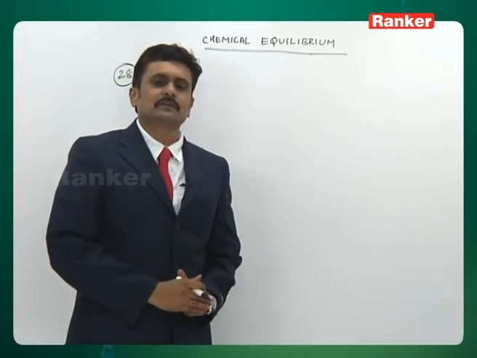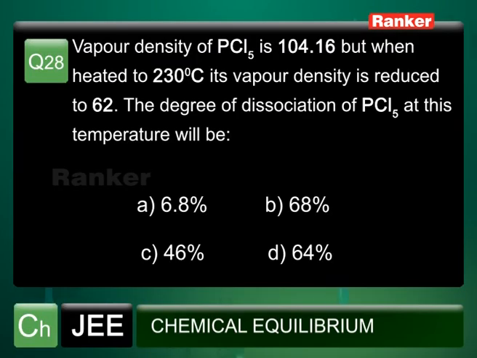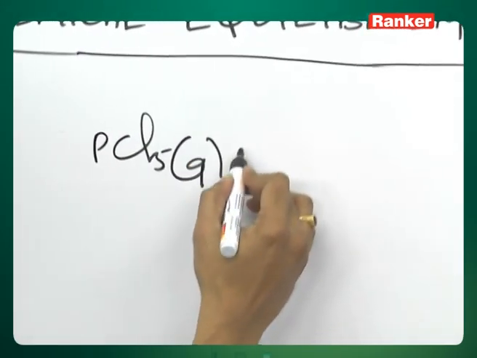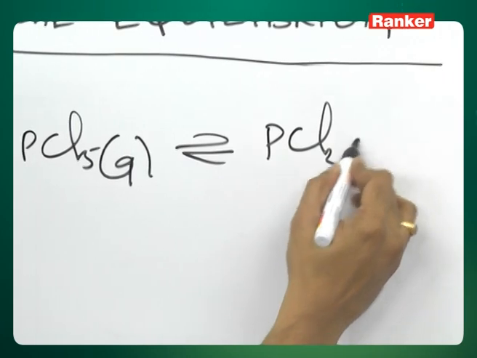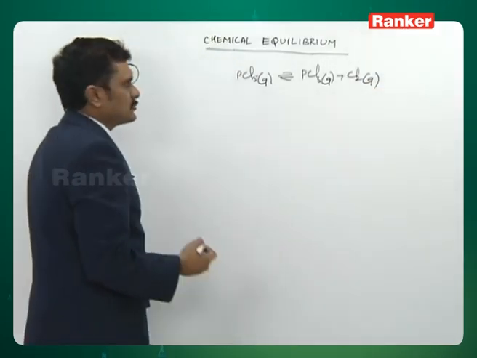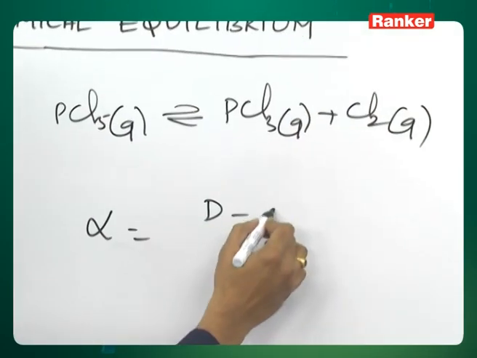The vapor density of PCl5 is 104.16, but when heated to 230 degrees Celsius, its vapor density is reduced to 62. The degree of dissociation of PCl5 at this temperature is asked. Now, we have solved one similar question where the vapor density values can be used to obtain the degree of dissociation by using the expression.